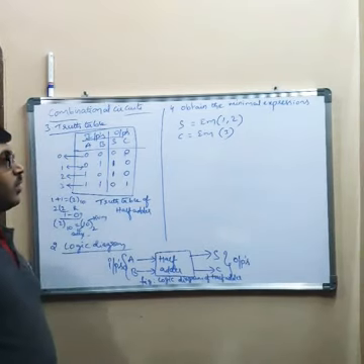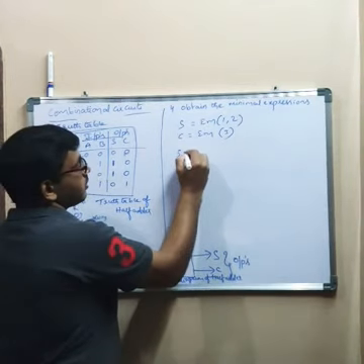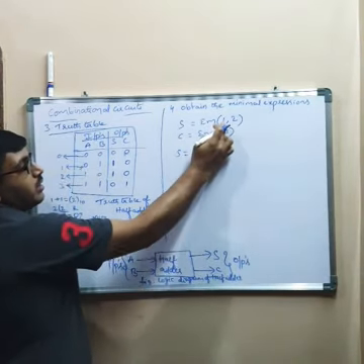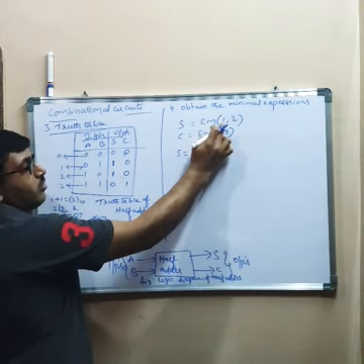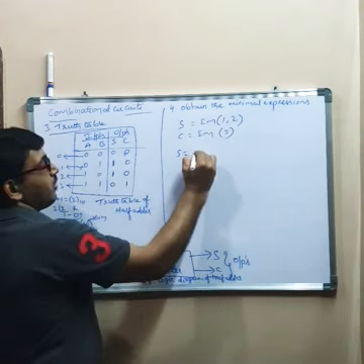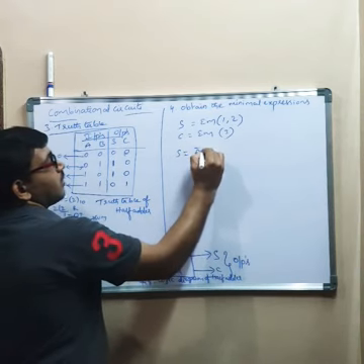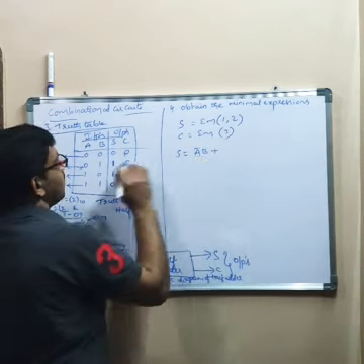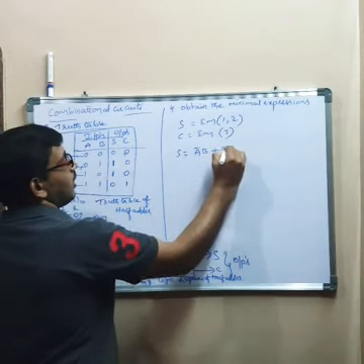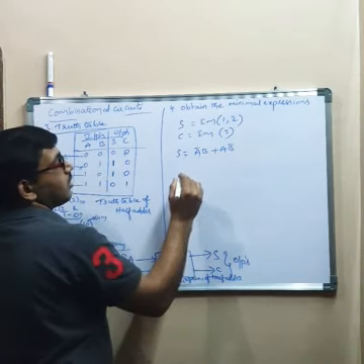So what is the expression for sum? S is equal to, write the full minterm of 1 in the form of alphabets, variables. A bar B plus A B bar.